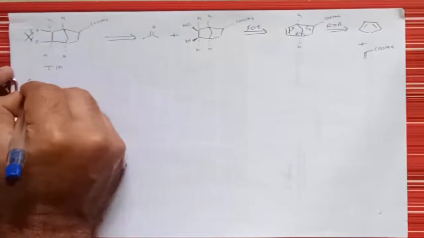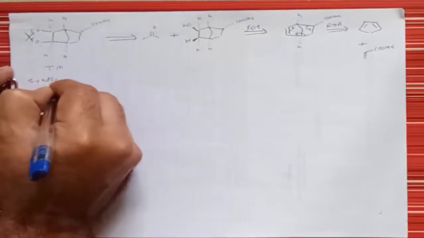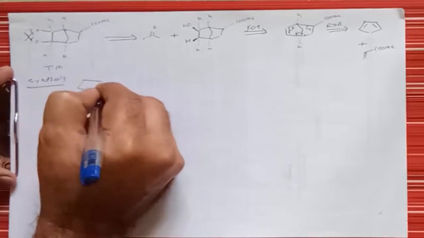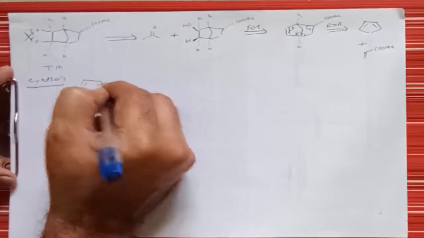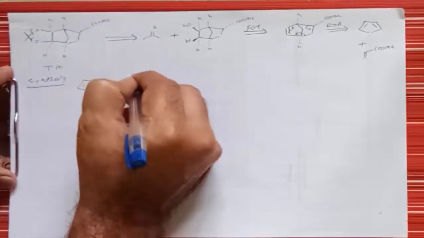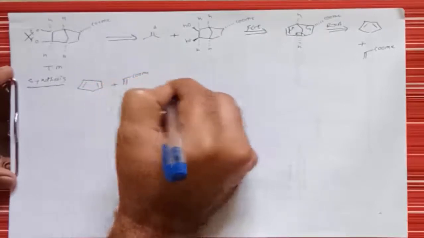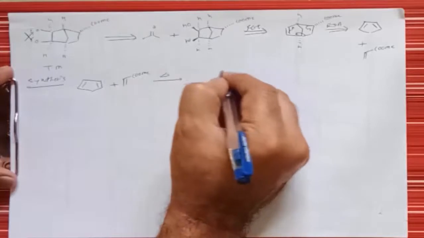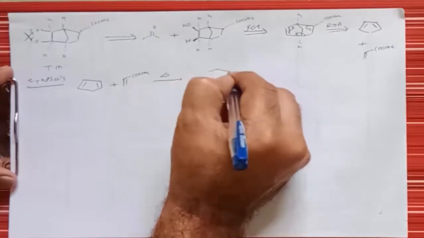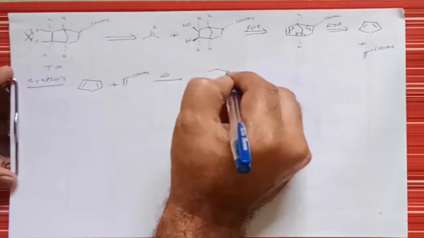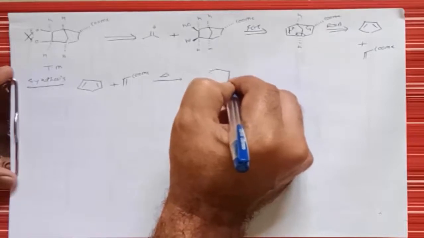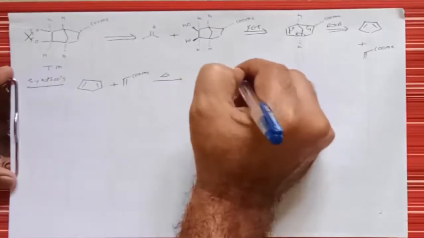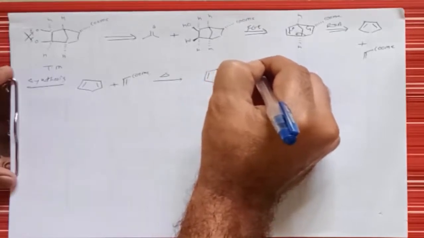Then if you go for the synthesis, in the synthesis we have to take this cyclopentadiene plus this molecule. Then if we heat this molecule, what does it give? It gives a cis addition along with formation of COOMe.